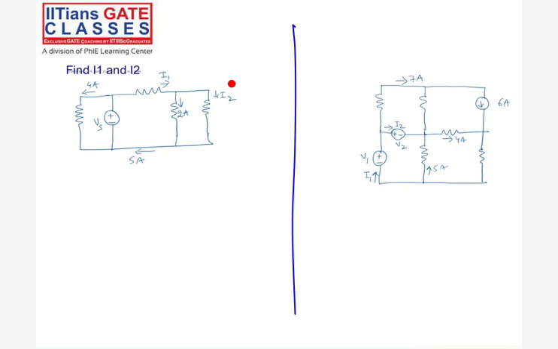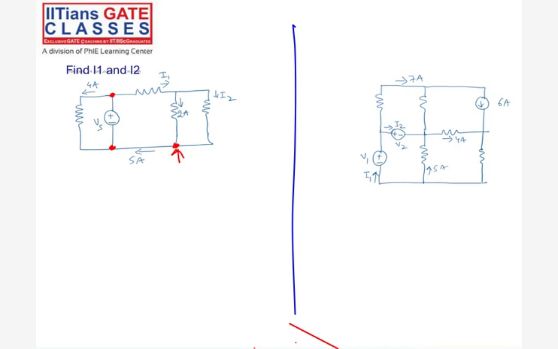If I take this node, tell me the incoming and outgoing currents at this node.